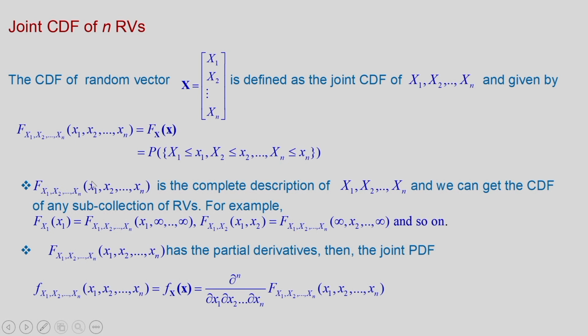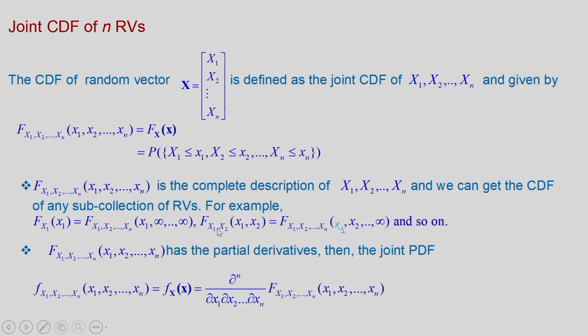Like in the two dimensional case, the joint CDF is the complete description of the random variables X1, X2 up to Xn, and we can get the CDF of any sub-collection of random variables from this set. For example, to find only the CDF of X1, this is the joint CDF at point x1 and the rest of the points at infinity.